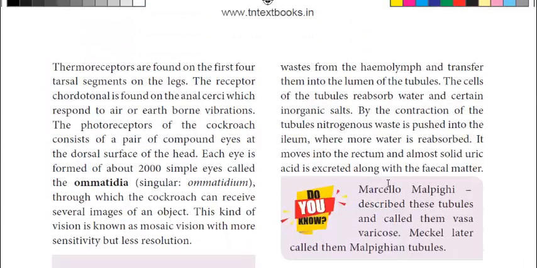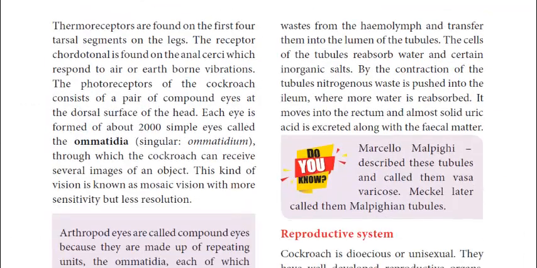Now let us move on to the next aspect. Thermoreceptors are found on the first 4 tarsal segments on the legs. We have already discussed the regulation of temperature; the temperature of the external environment is received by the tarsal segments present on the leg. And chordotonal receptors are found on the anal cerci, which respond to air.